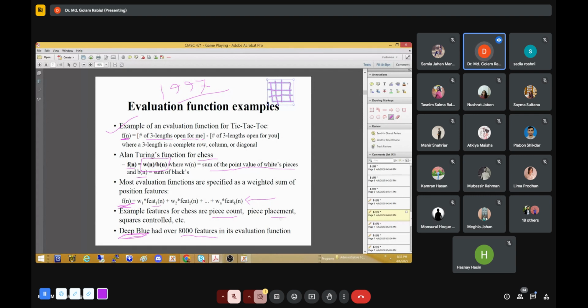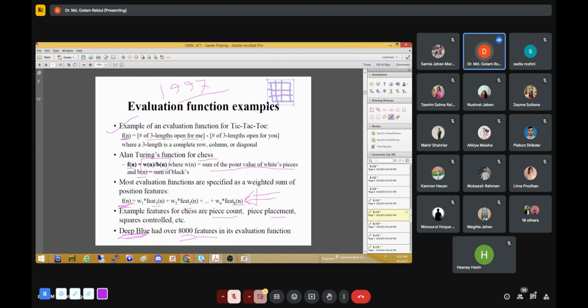Each and every one we considered as a feature, and then developed this complex evaluation function for Deep Blue. A total of 8,000 features were considered.